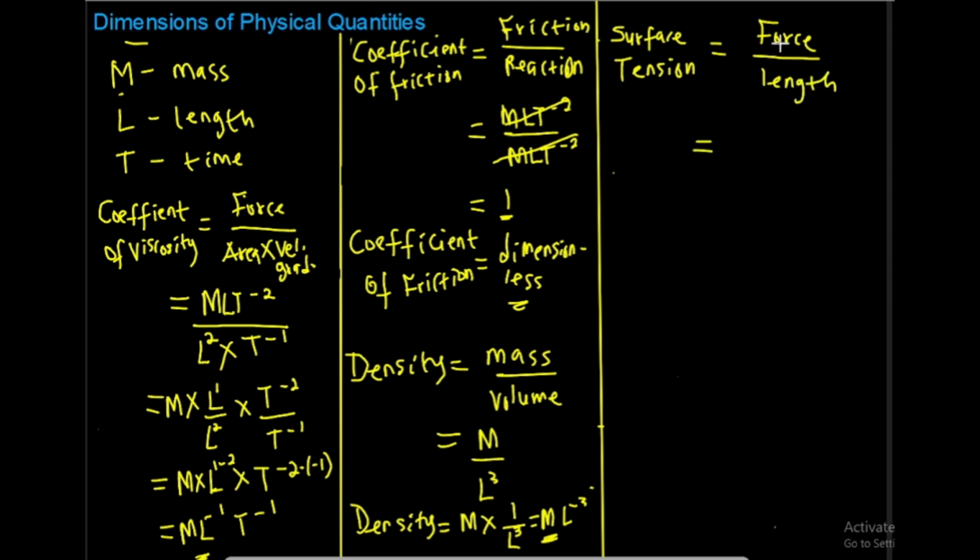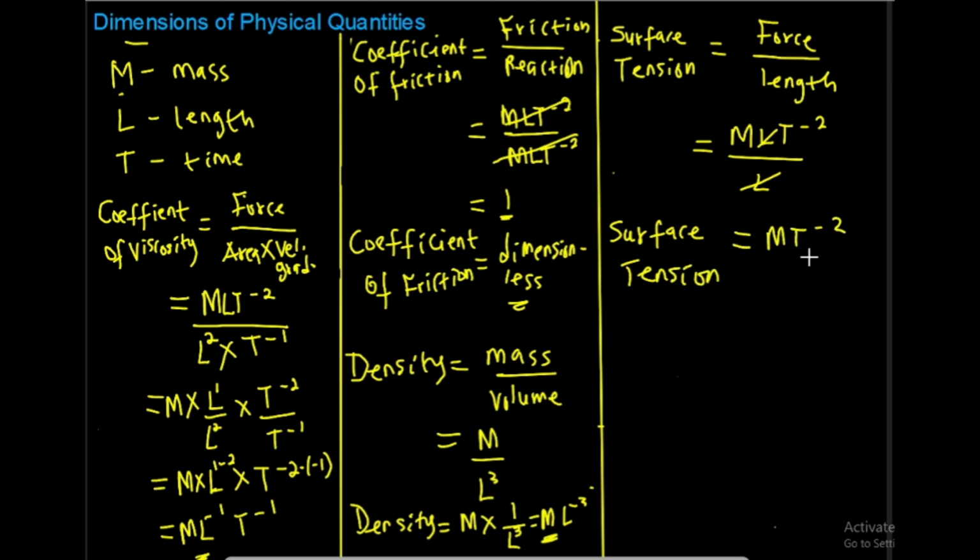And force, its dimension is M L T raised to power minus 2. Length, we have it to be L, like we already know. So this is going to cancel out this. They are both positive powers. So the dimension for surface tension will be M T raised to power minus 2.